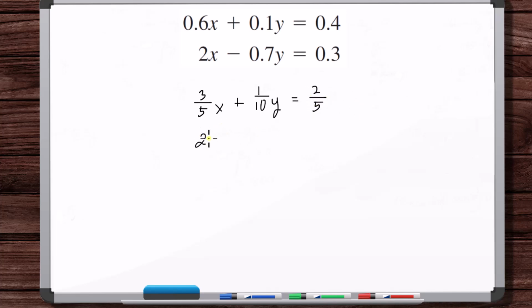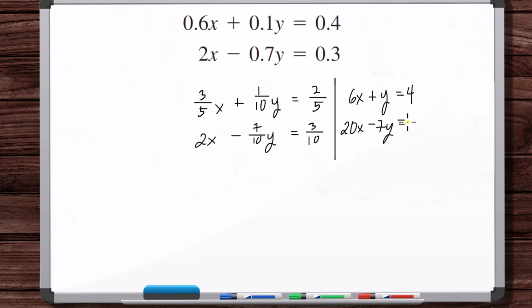Okay, then we've got 2x minus 7/10 y is equal to 3/10. Okay, so multiplying the first equation by 10, we're going to get 6x plus y is equal to 4. Multiplying the second equation by 10, we get 20x minus 7y is equal to 3.